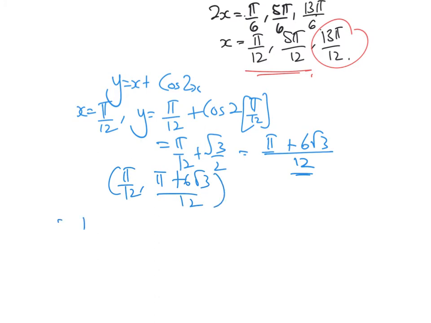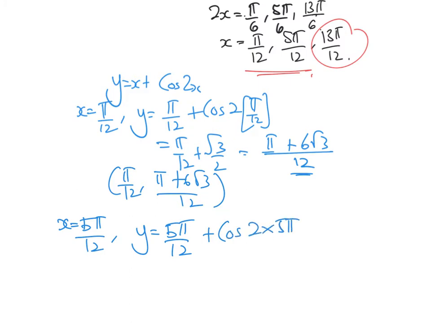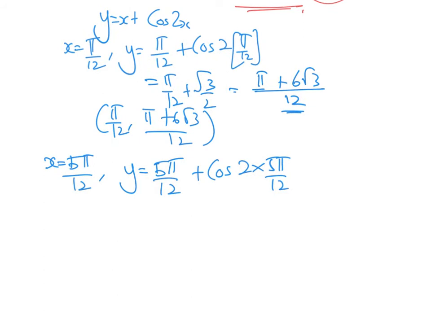And my second coordinate is when x equals 5 pi over 12, y equals 5 pi over 12 plus cos of 2 times 5 pi over 12, which is cos 5 pi over 6.